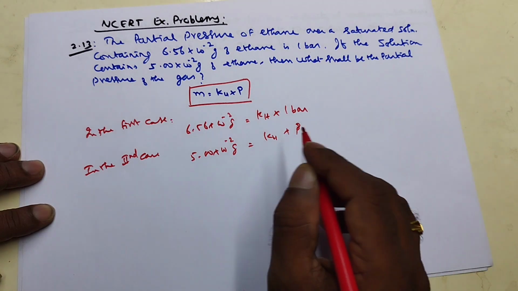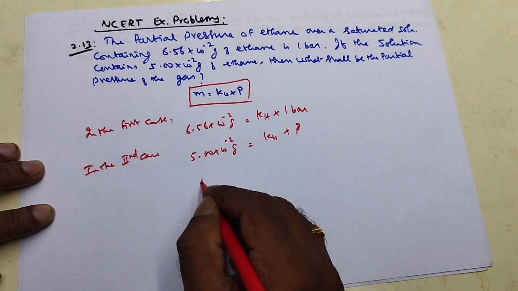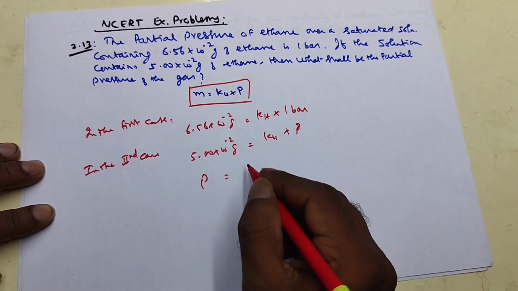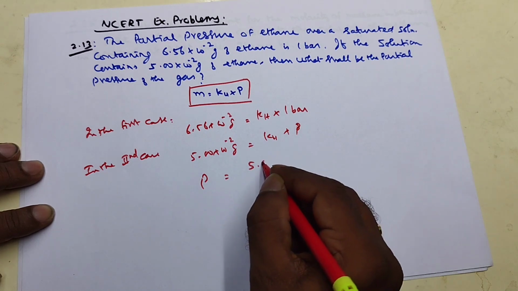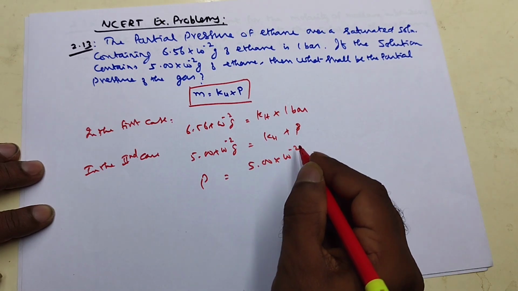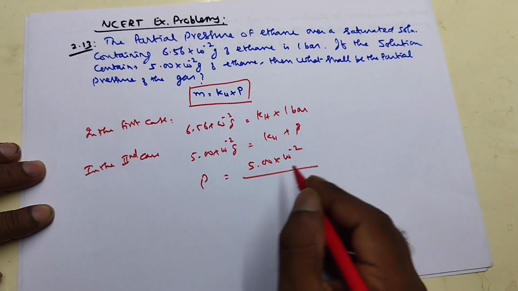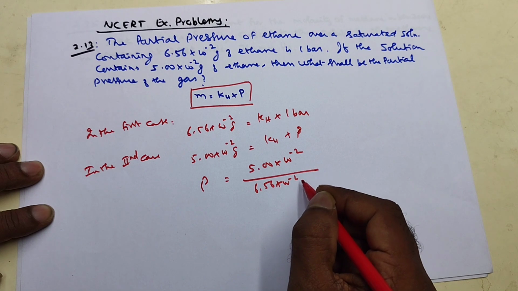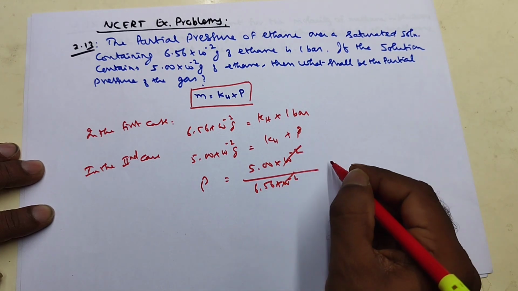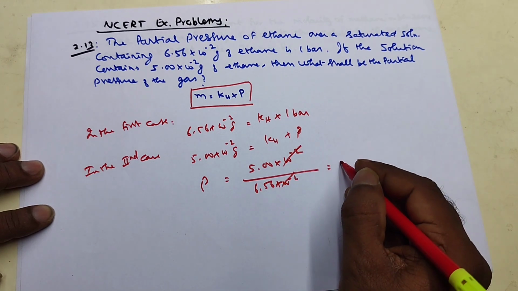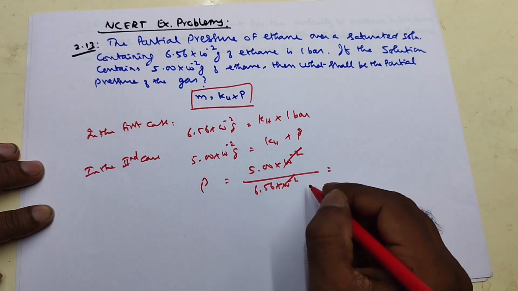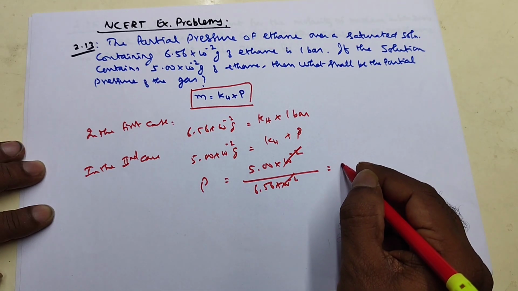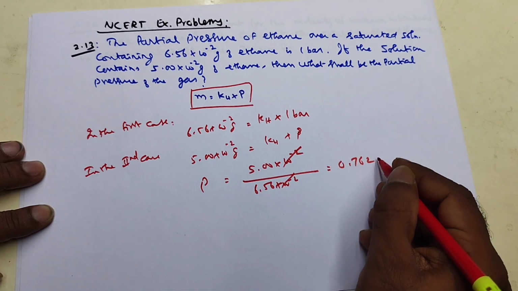So equating these two things, the partial pressure is equal to 5.00 × 10^-2, cross multiplying, divided by 6.56 × 10^-2. You cancel these two things. If we simplify this, the partial pressure is given as 0.762 bar.